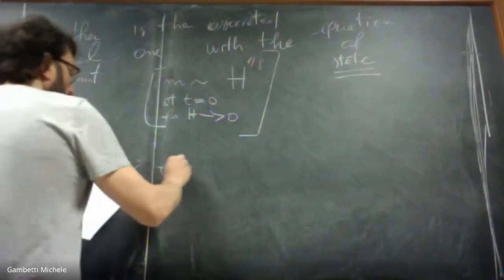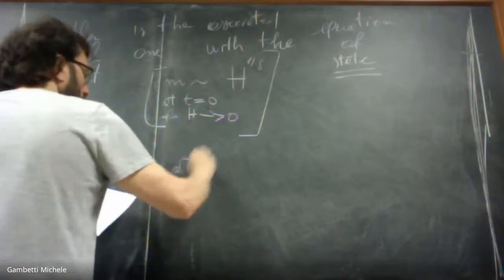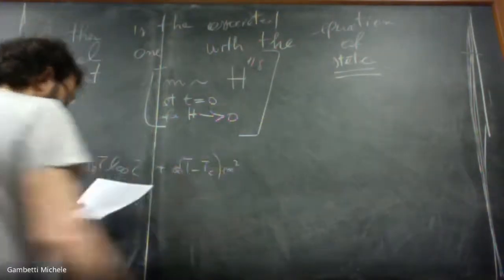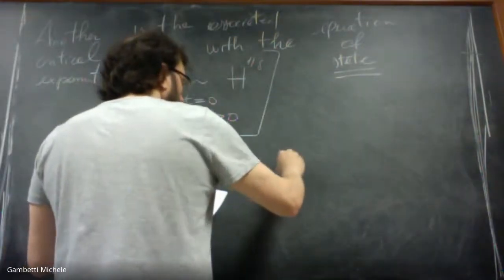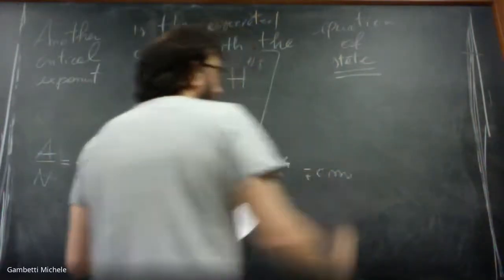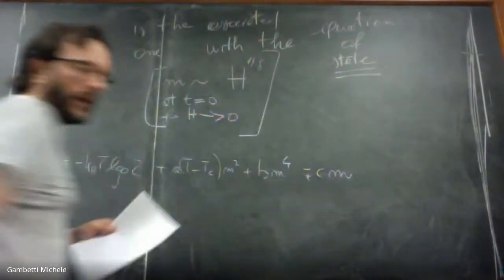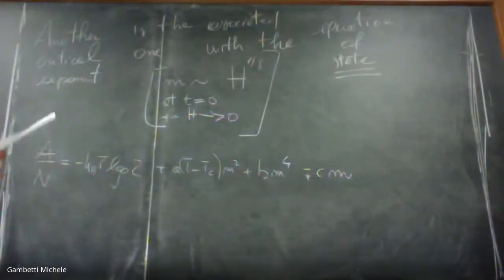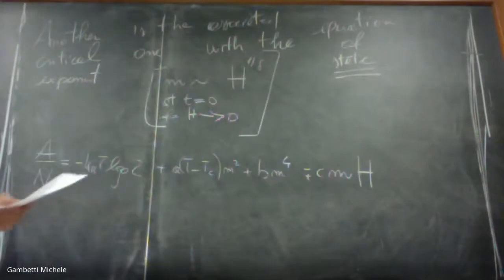Then I have A T minus TC M squared plus B M to the power of 4. And then I have minus plus C M, which is the linear term coming from the fact that I have a finite value of the magnetic field. And there is an H there.